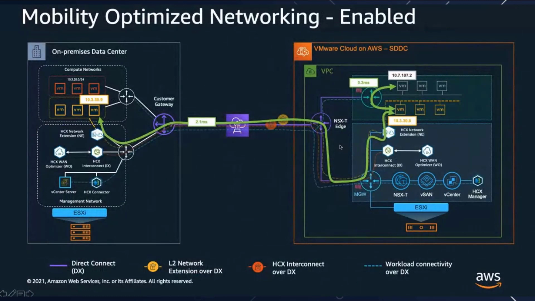That means that all customer private IPs that are trying to be reached from this extended segment will always be sent over HCX back to the on-premises environment. If the traffic is intended to a segment that is connected to the VMware Cloud on AWS compute gateway, that traffic is directed over the compute gateway directly to the virtual machine instead of going over the HCX connection.